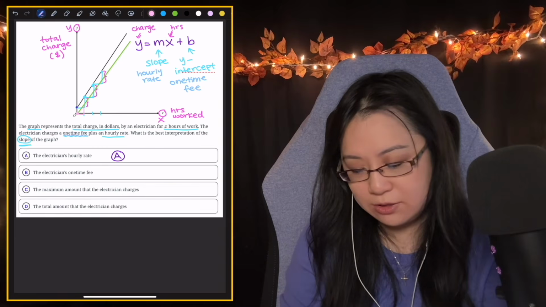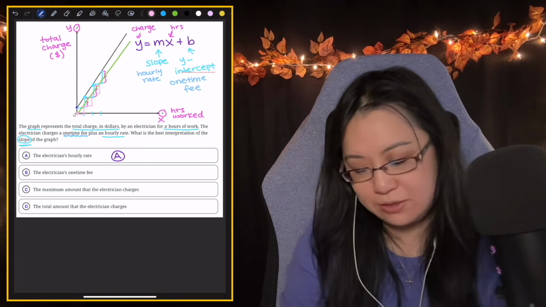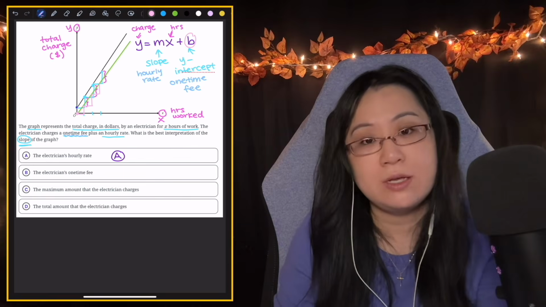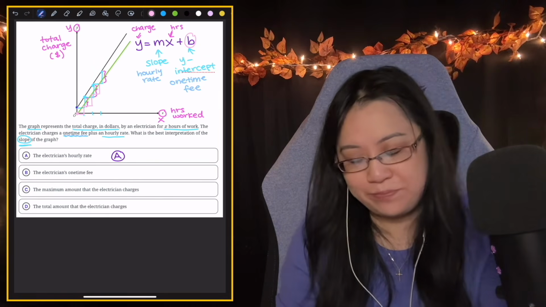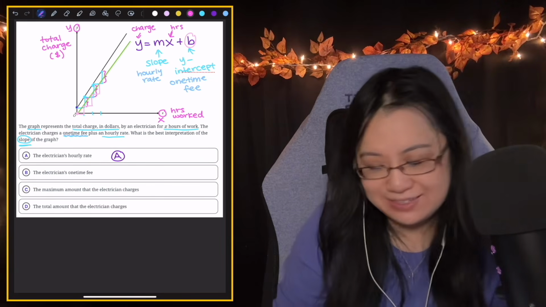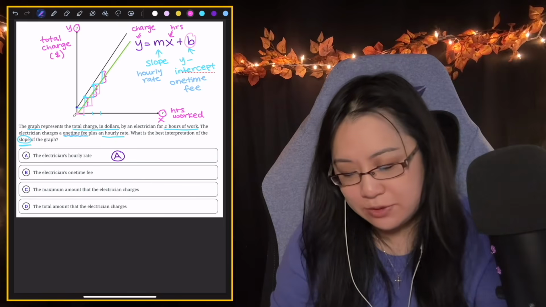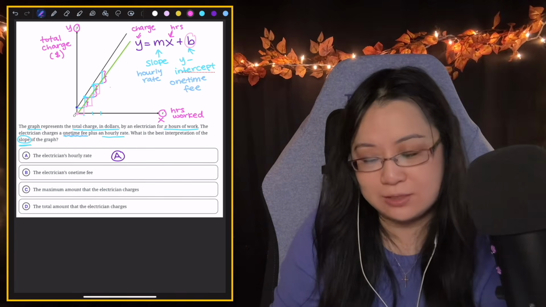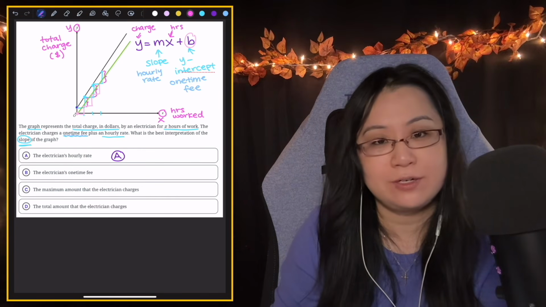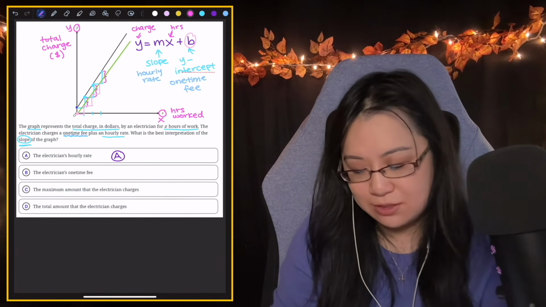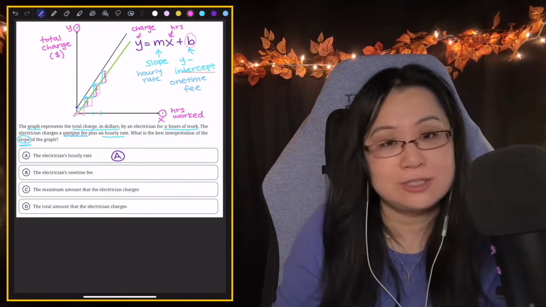I think it's easier to see the slope situation from that perspective, but it doesn't matter. It's just literally shifting the y equals mx graph up to b, but the slope is the same for parallel lines. I don't know if that's actually helpful, but ignore that if that didn't make sense. That's just something that I like to think about. So you have this hourly rate, y equals mx, and then you charge the fee for every x that you have. But anyway, the slope of the graph is going to be the electrician's hourly rate.